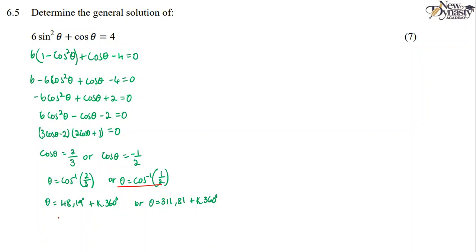So I'm going to do the solutions for this one. So I'm going to have theta equals 120 plus k 360 degrees, or theta equals, that was negative, so it's negative in the second quadrant and also in the third quadrant.